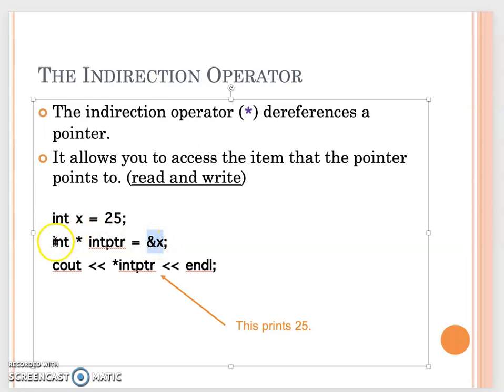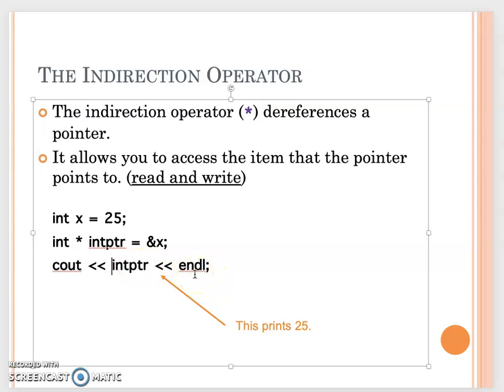Earlier we did this in two lines: we declared first, then we assigned. But you can also declare your pointer variable and right away assign it the memory location. So be careful, you need to do the address-of operator. So we assign the memory location for x to the int ptr, right? Earlier, you need to be careful, when we displayed the int ptr without the asterisk, it displayed a memory address.